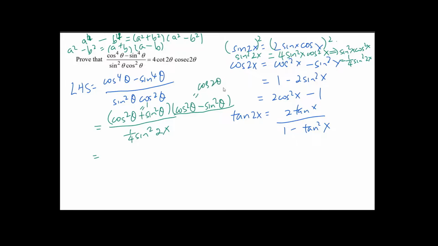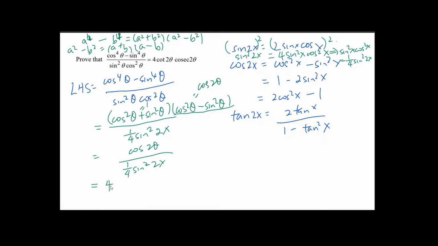So I have 1 times cosine 2 theta, which gives me cosine 2 theta over 1/4 sine squared 2 theta. Now 1 over 1/4 is 4, so I've simplified this portion.